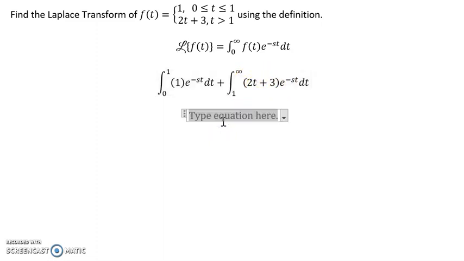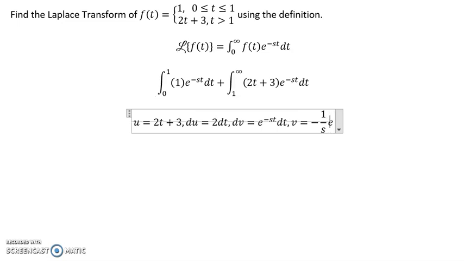So that's going to be u equals 2t plus 3. du is equal to 2 dt, because the derivative of 2t plus 3 is 2. And then dv is our e to the negative st dt. And then v is the antiderivative of that, which is negative 1 over s e to the negative st.